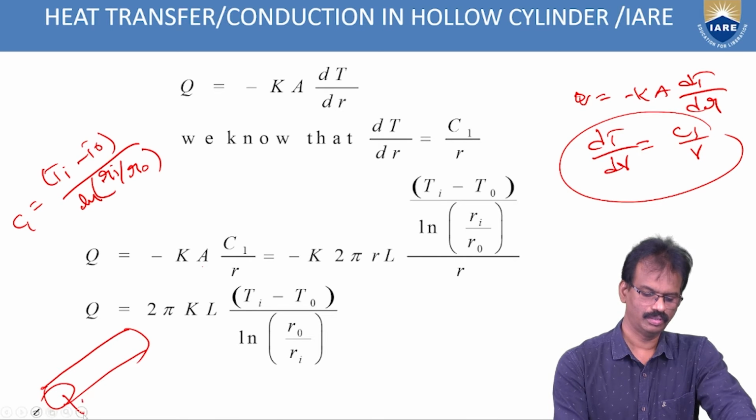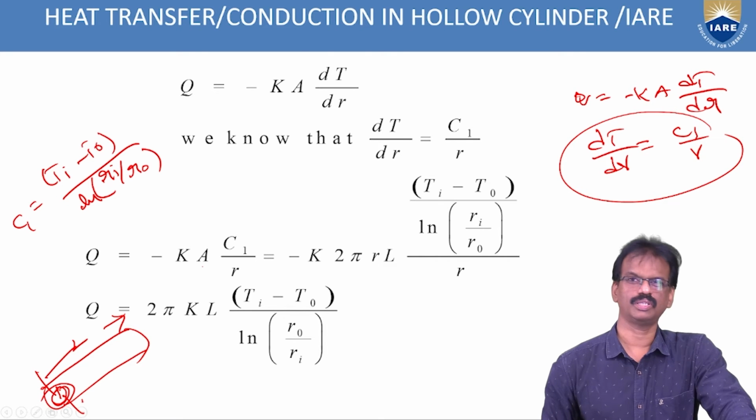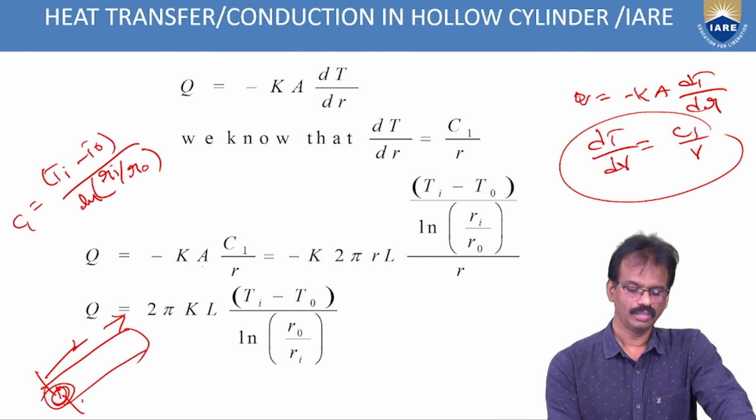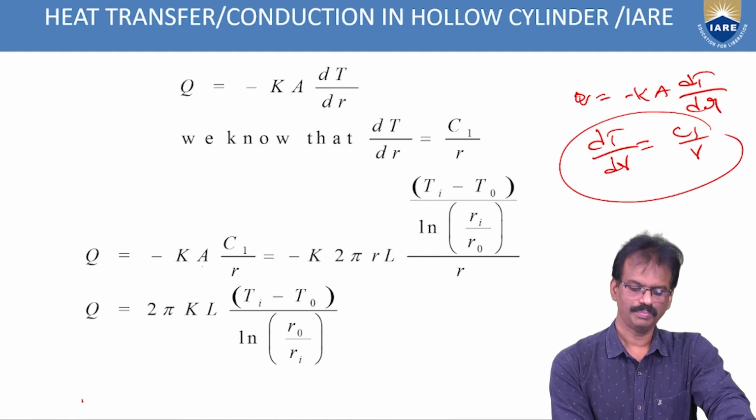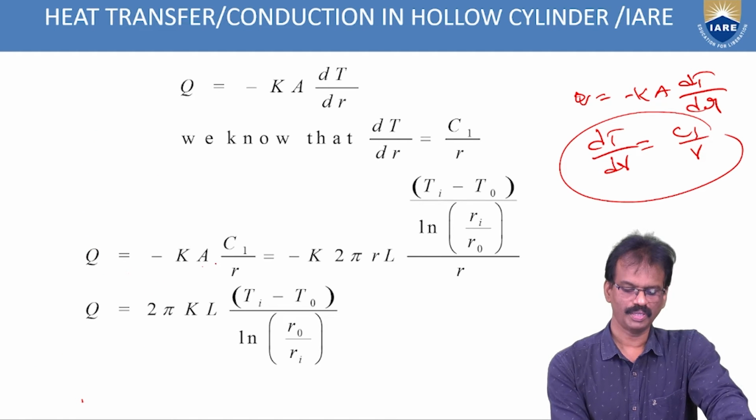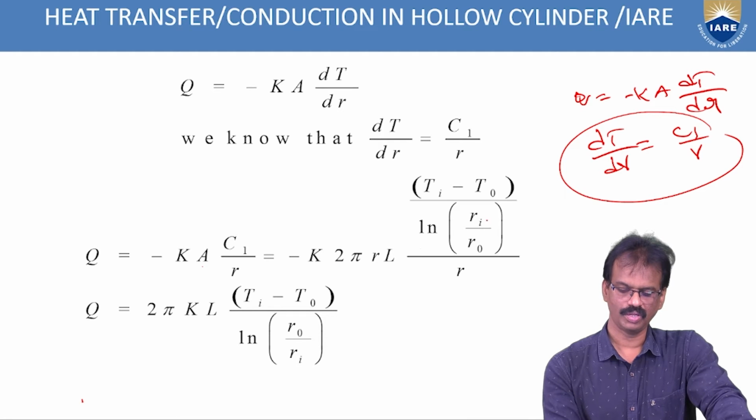So this is the length, and this is the elemental area we have taken, at radius R. The area of the small elemental area is 2 pi R into L. So Q is equal to minus K C1 by R, with the C1 value substituted here and the area of this cylinder also substituted.